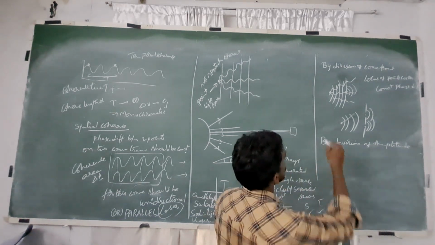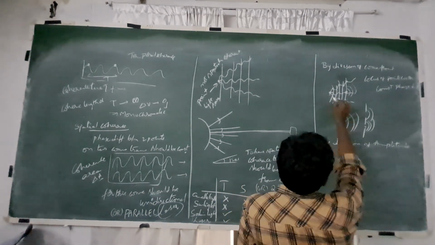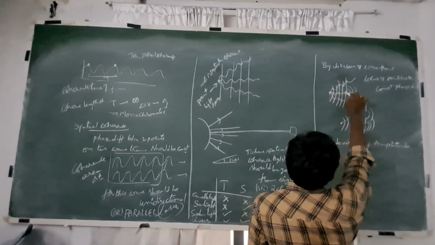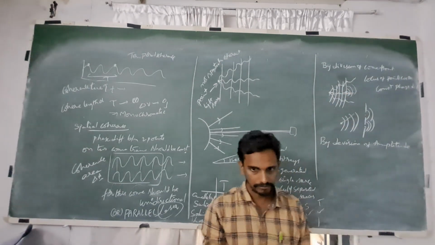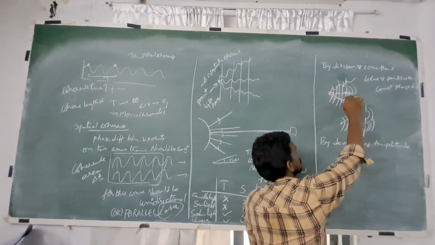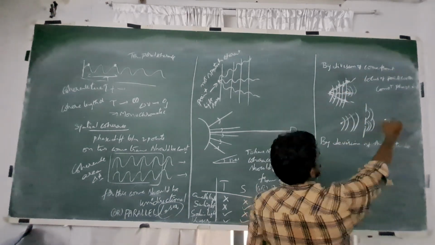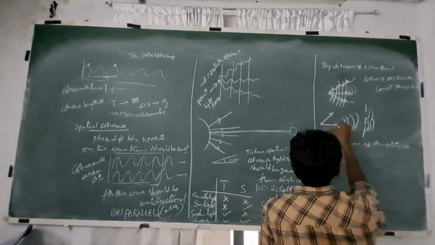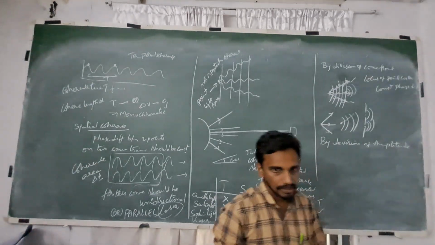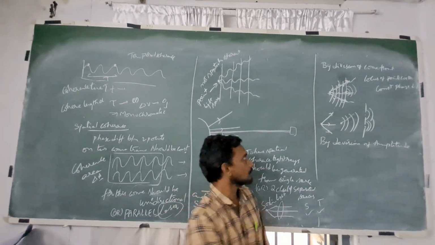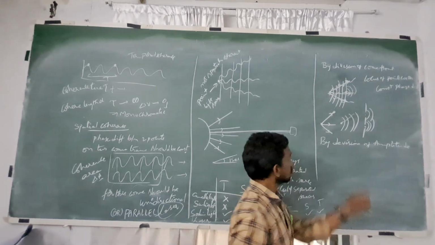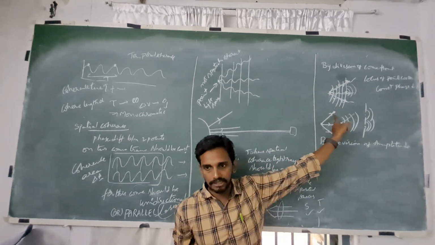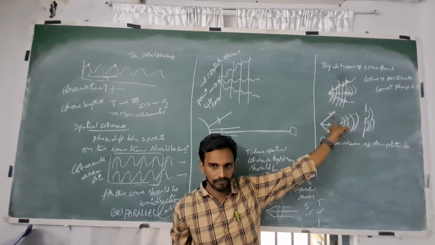Because if you see here, the light rays are traveling, let's say, in this direction, here in this direction, here in this direction. So they are traveling in different directions like this. And once you fix a point, this point now acts as a second source of secondary wavefront.